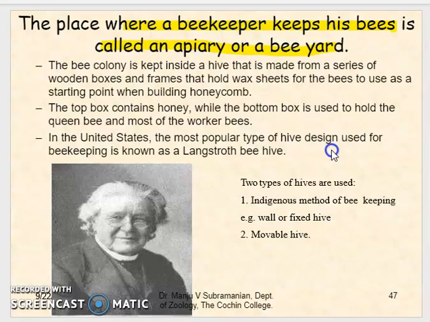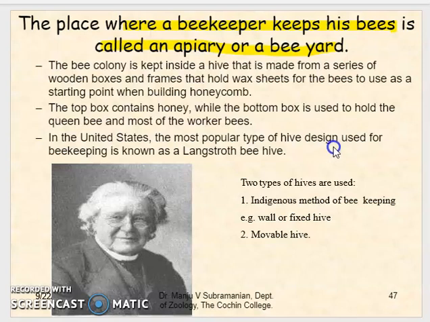That means we are just giving a home for the bees, so that the maximum energy will be utilized by these bees for the production of honey rather than spending on building a hive.